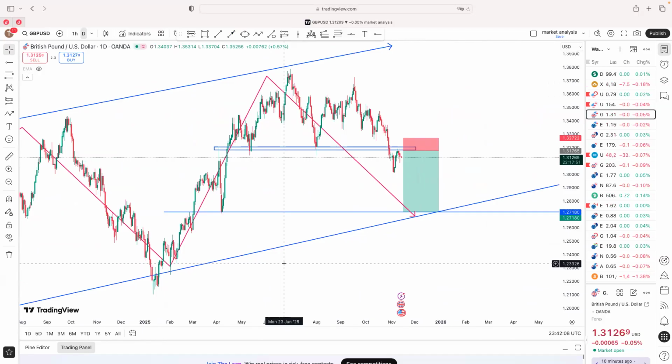This is where we want them to come back to. That's how easy it is. There is nothing complicated. That was GBPUSD.